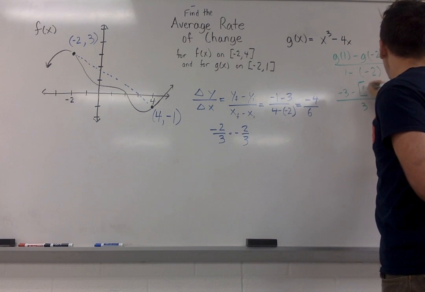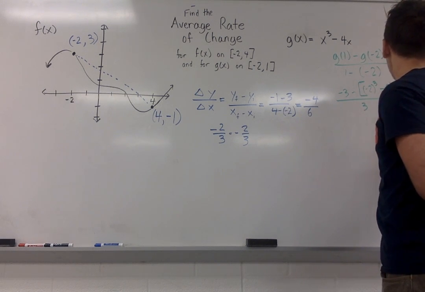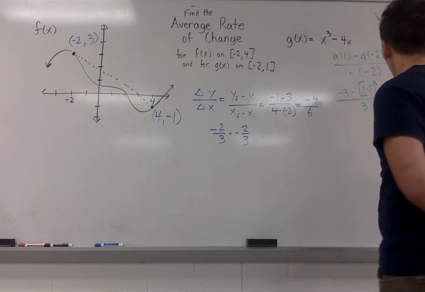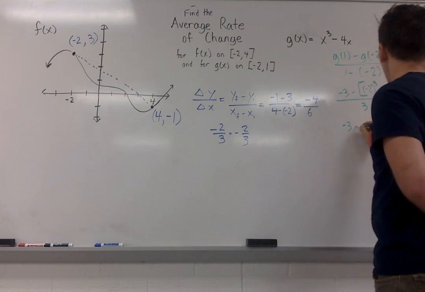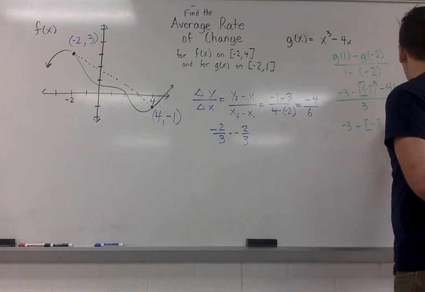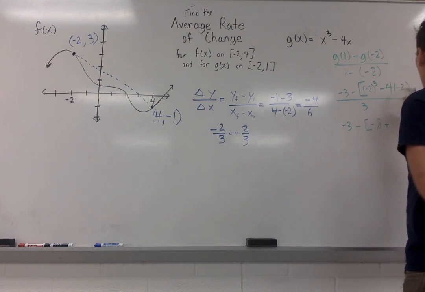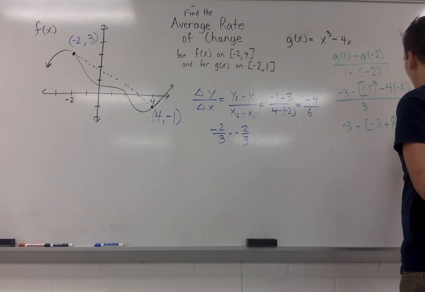-2 cubed minus 4 times -2. All right, so I'm going to keep the -3 out front, minus the -2 cubed becomes a -8, minus 4 times -2 is going to be the same as negative times negative is a positive, so positive 2 times 4 is 8. Hey!